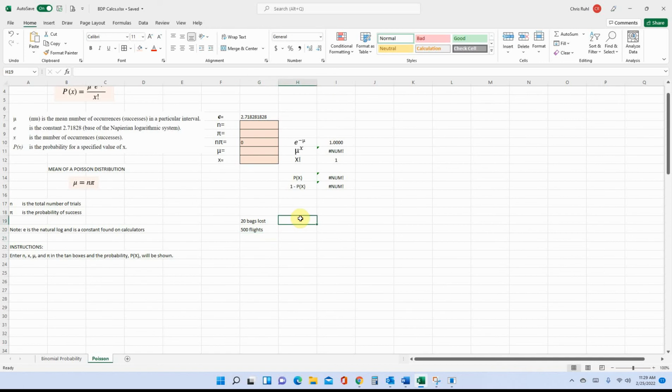If you take 20 divided by 500, you get 0.04. That's the average number of bags lost per flight. So I can put 0.04 in for mu.